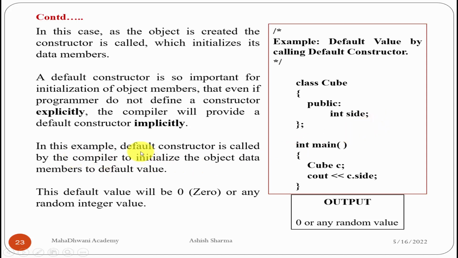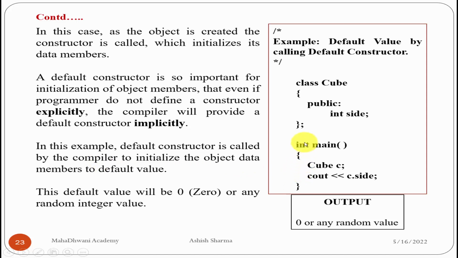So in this example, the default constructor is called by the compiler to initialize the object's data member to a default value. Automatically the default constructor is called by the compiler. You should remember this point.